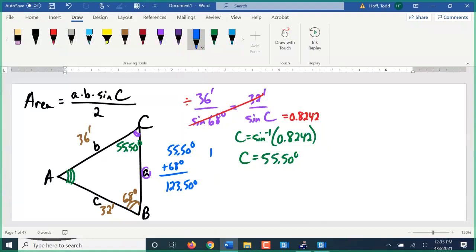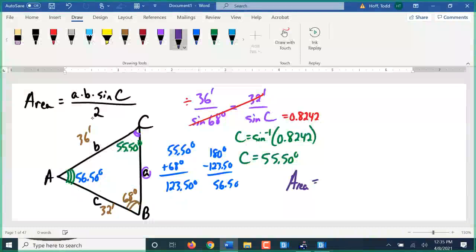Then I'll subtract that from 180 degrees, giving us 56.50 degrees. So angle A here is 56.50 degrees. Now we can go ahead and find that area.